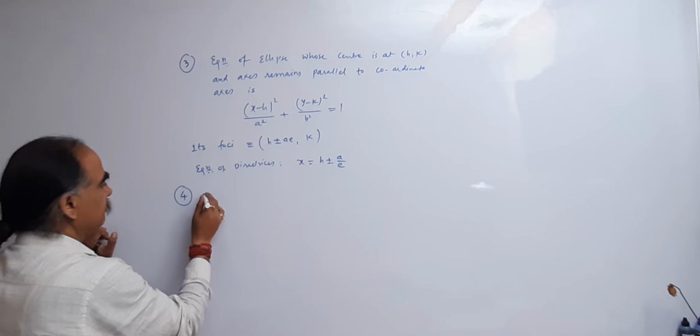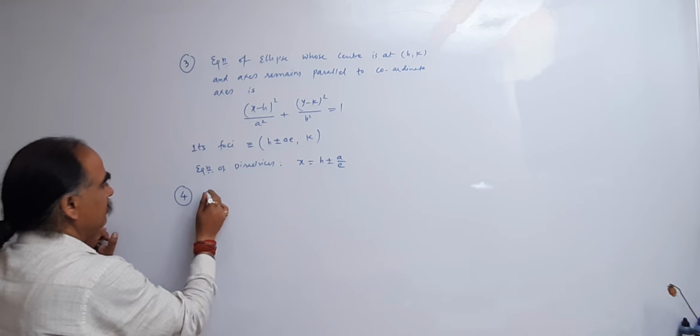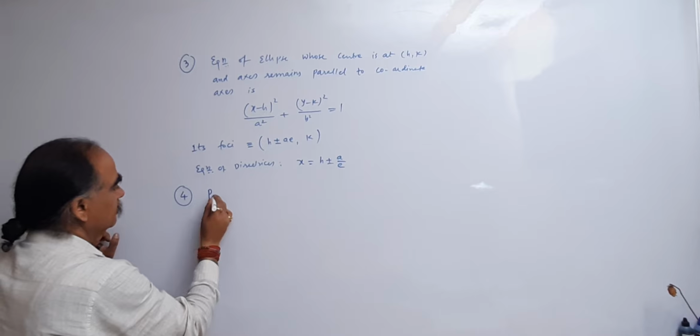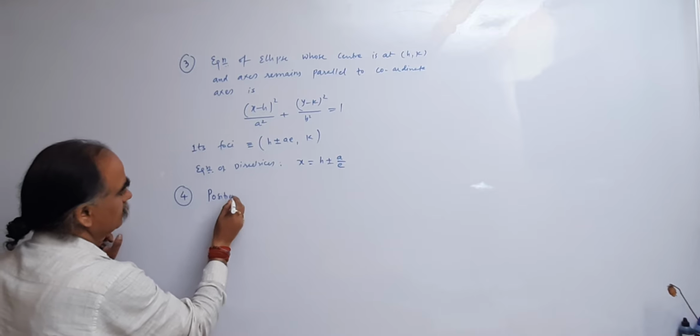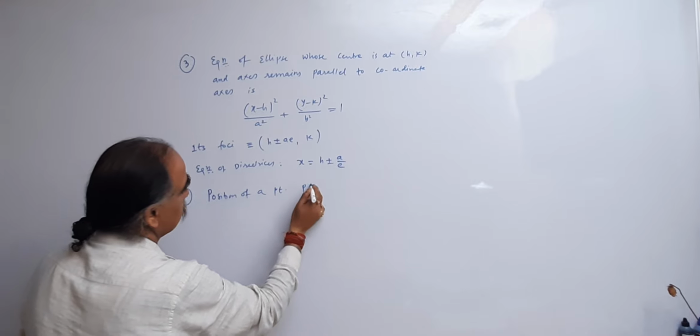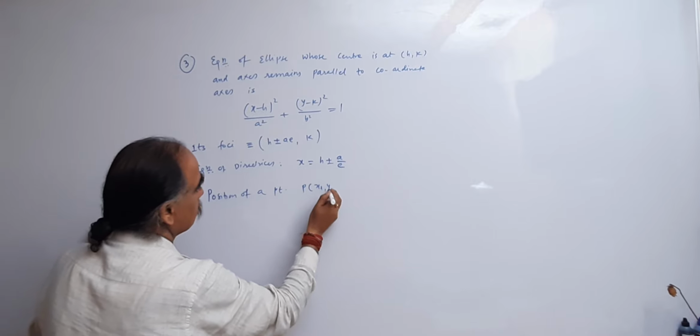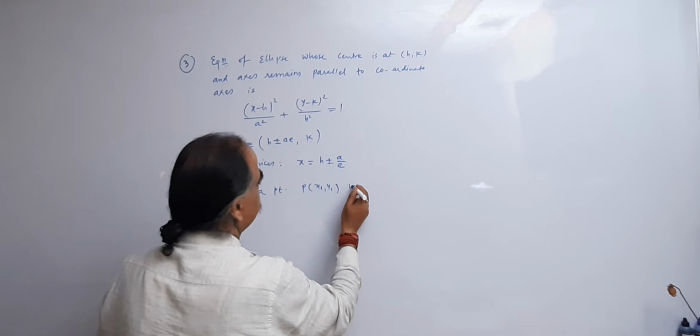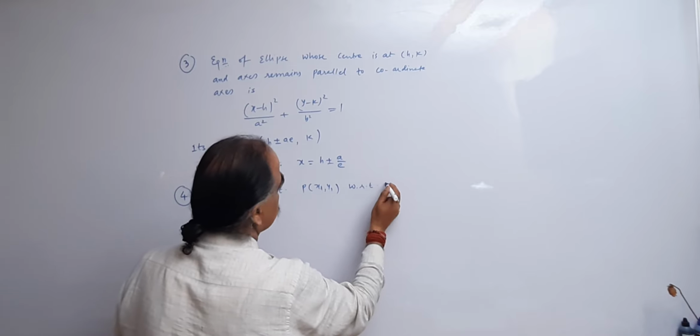Position of a point with respect to the ellipse.